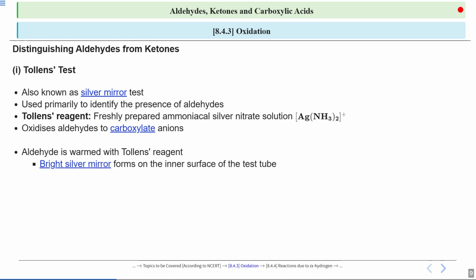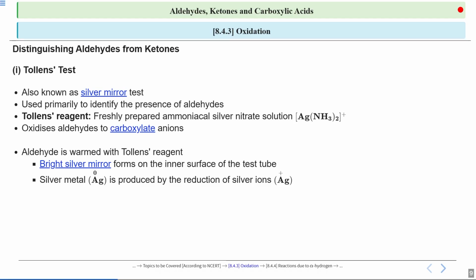When the test is positive, a bright silver mirror forms on the inner surface of the test tube. This is a visual confirmation of the presence of an aldehyde.